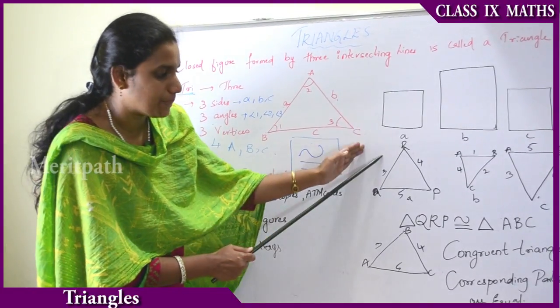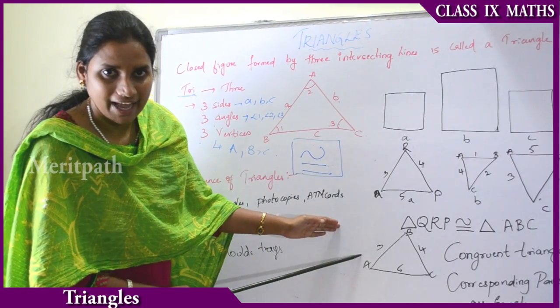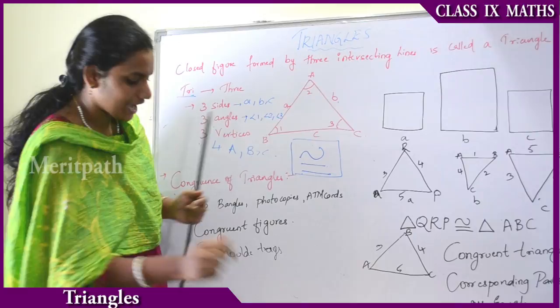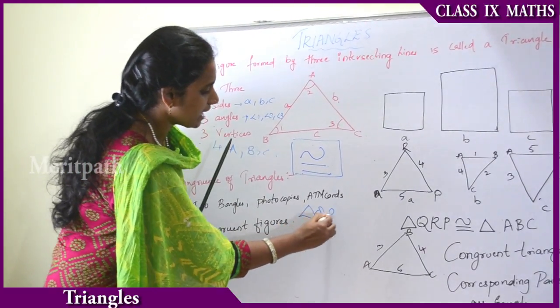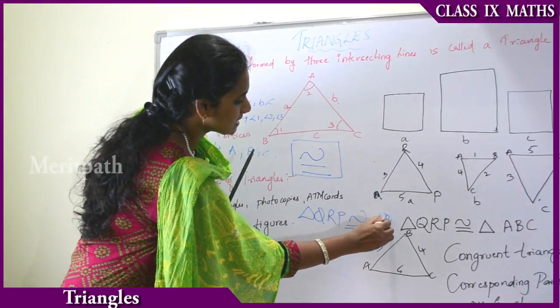So we have to represent these two congruent triangles in such a way that the corresponding parts are equal. We cannot represent this as triangle QRP is congruent to triangle BAC.